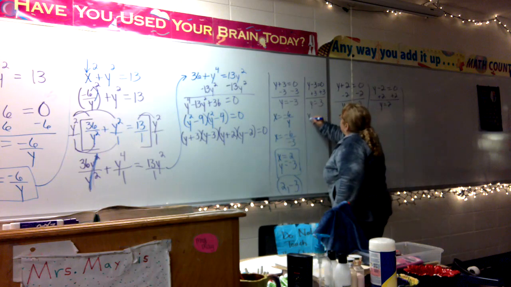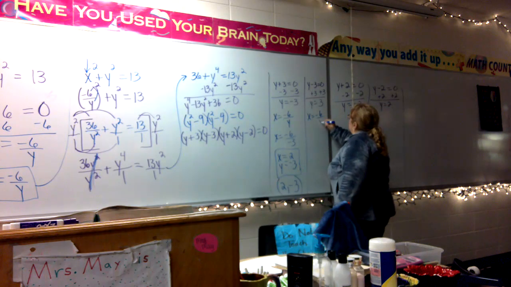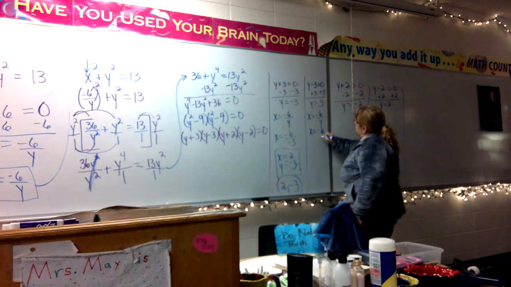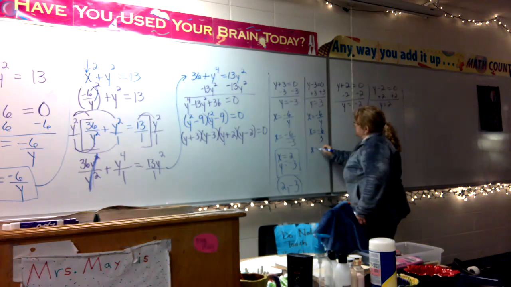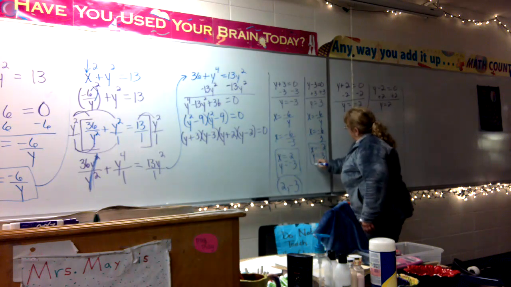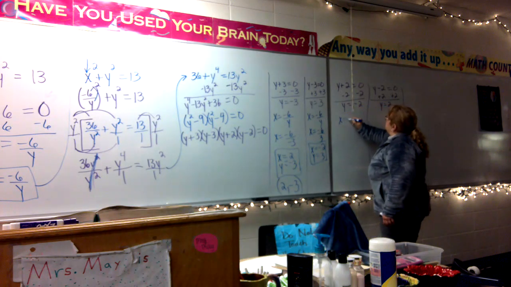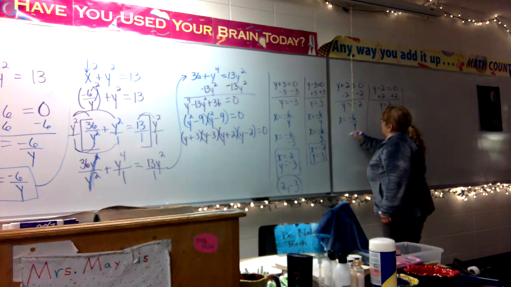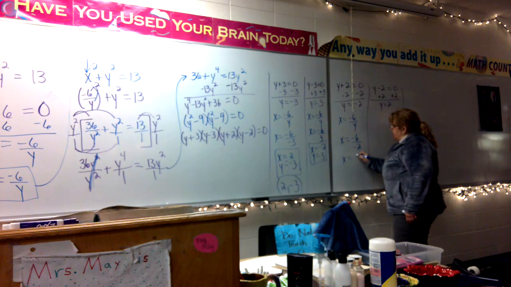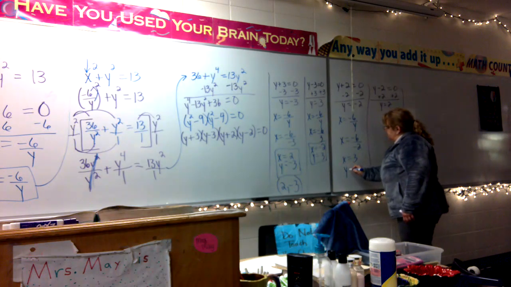So next one, x equals negative 6 over y, x equals negative 2 when y is 3. Next, x equals negative 6 over y, over negative 2. So what do we get? X is 3 when y is negative 2.